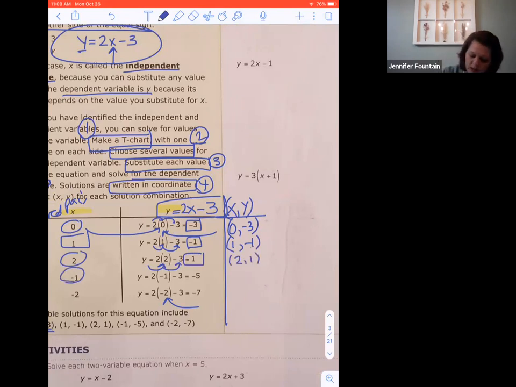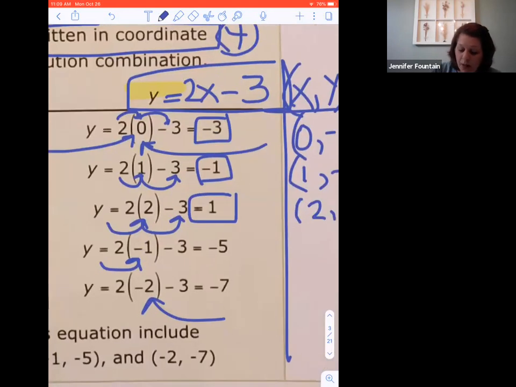Plug in a -1. 2 times -1, this is where we have to be careful. What's 2 times -1? It's going to be a -2, right? So now I have -2 minus 3. -2 minus 3 equals -5. Remember, if I start with a negative and I take away more, I end with a larger negative.